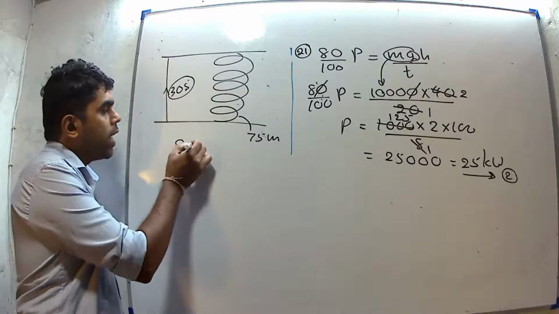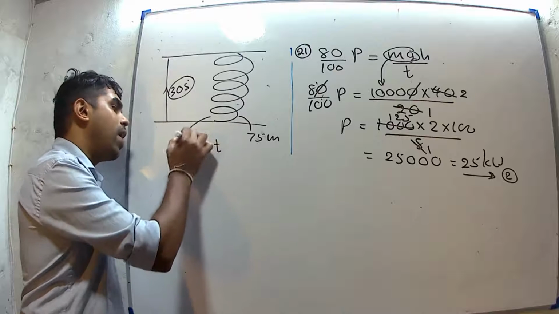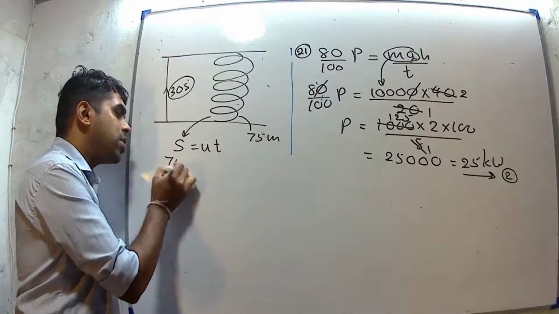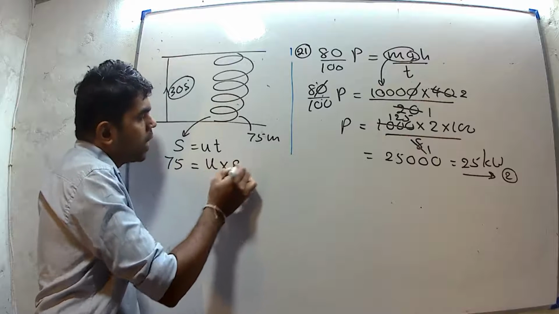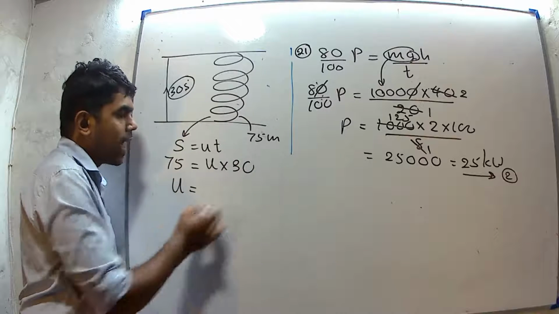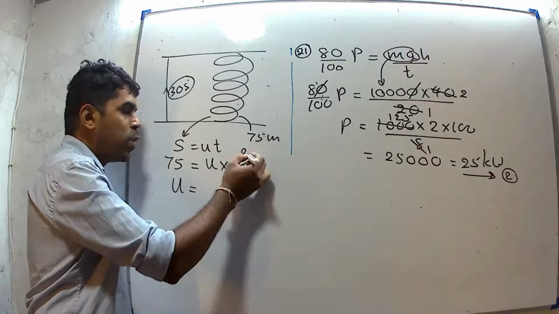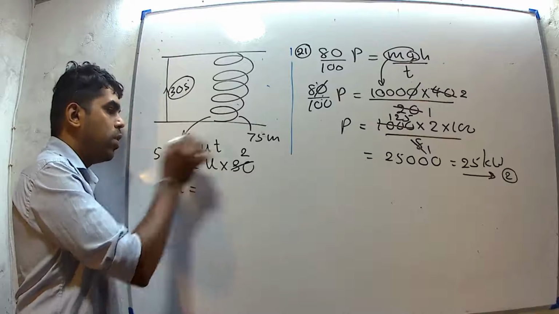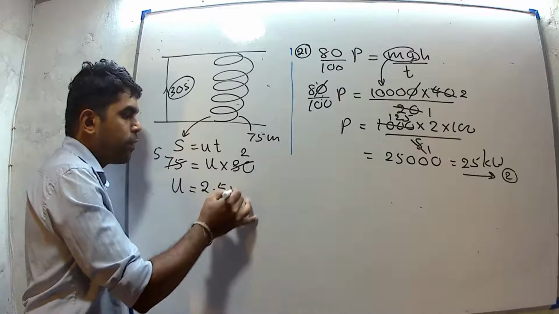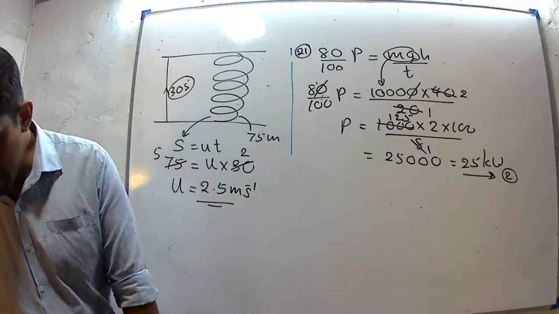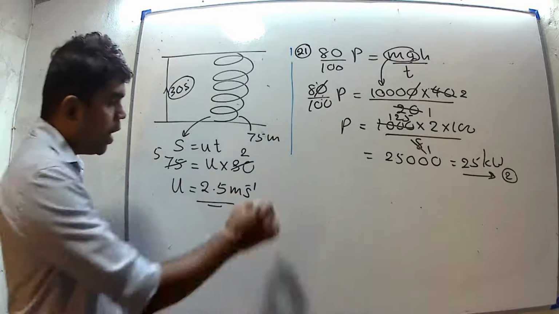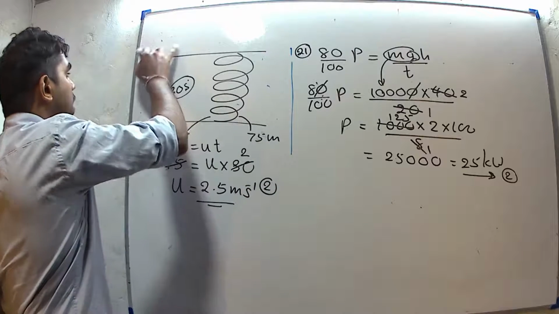Then we can use s equals ut for the spiral path. For the spiral path, distance 75, we have to find the speed. Time should be 30 seconds. Then we can cancel it out. Divide by 15, 2; divide by 15, 5. 5 divided by 2, 2.5 meters per second. Then the answer should be 2 for question number 23.